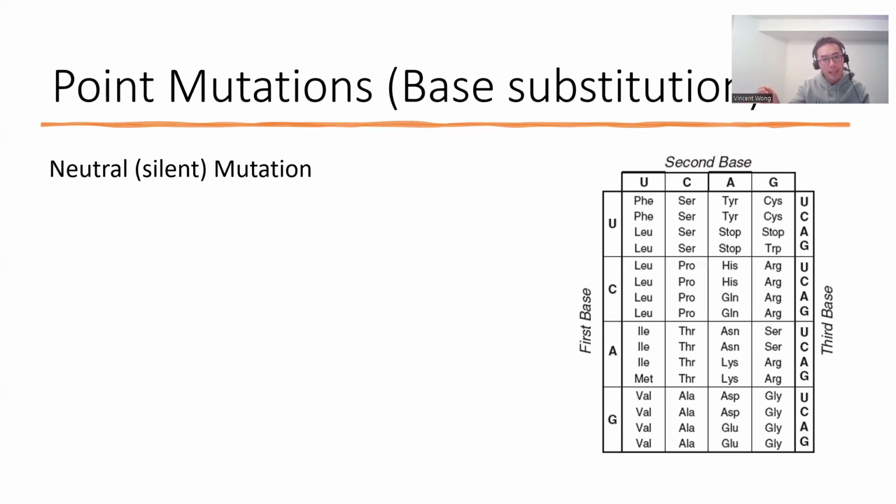But keep in mind that the mutation happens in the DNA. Let's say we have UUU. This is the original codon. We call this the wild type, the original. So then let's say it's mutated. This is called mutant. And it happens to become UUC.